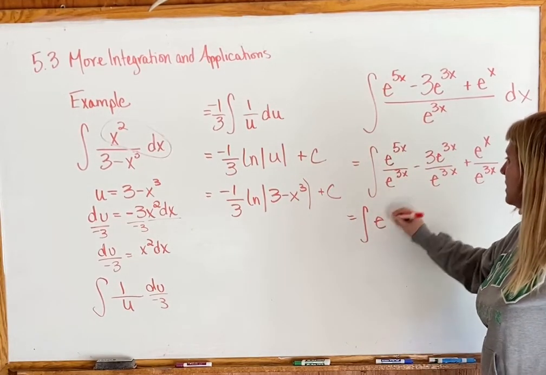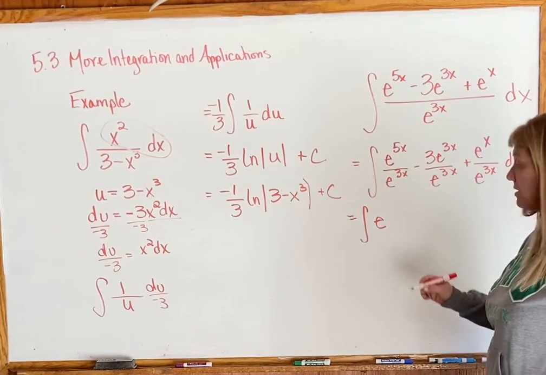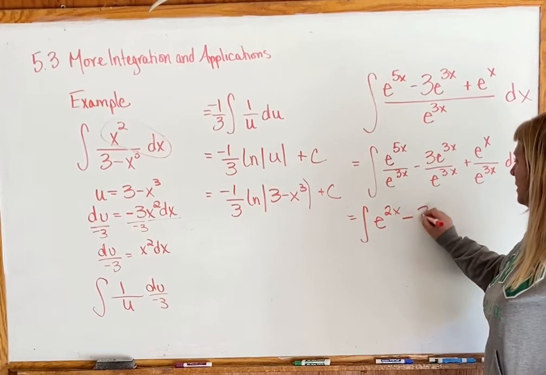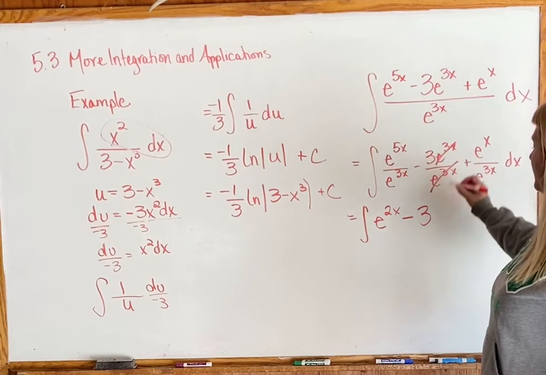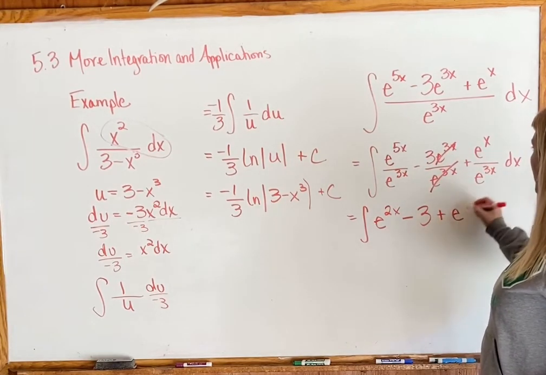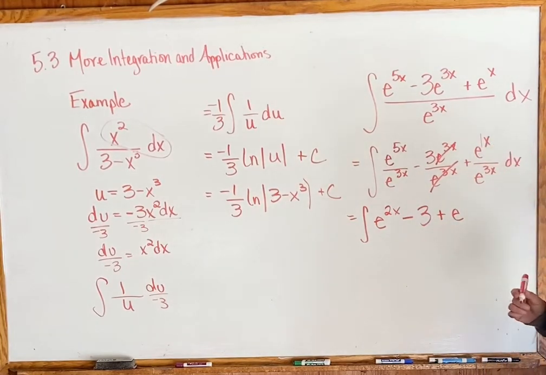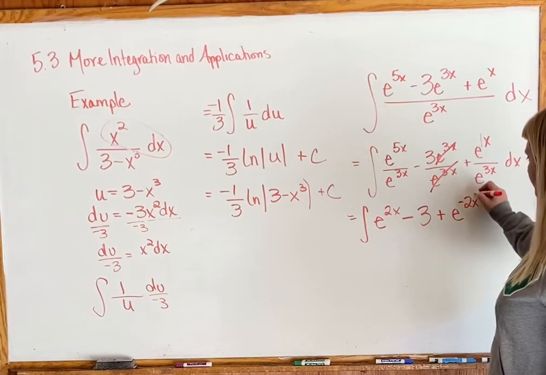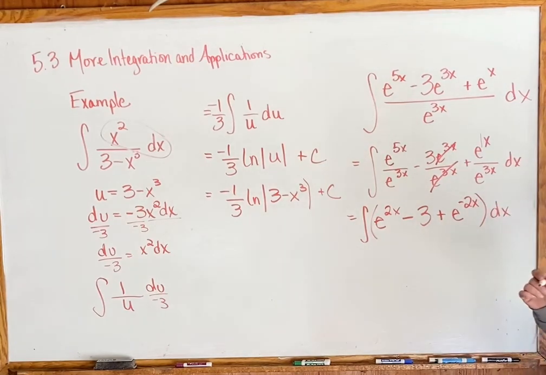For this first one, if we think about subtracting the exponents, we'll have 5x minus 3x, which will be 2x, minus 3. Now both of these are going to go away. Then over here, again, we want to think about this as subtraction. So if this is 1x minus 3x, this is going to be negative 2x dx.